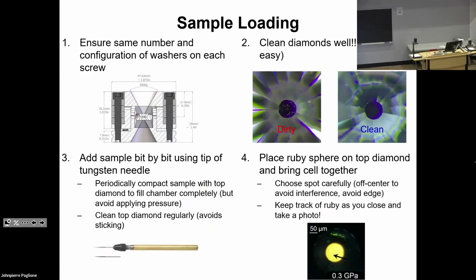The noble gases, you're loading those as a gas. Often you'll put your diamond anvil cell in a much larger pressure chamber, but the diamond anvil cell is like the diamonds are a little bit apart. You pressurize the whole sample chamber and then use a driving mechanism to then close the diamond anvil cell while it's pressurized and then seal it in.